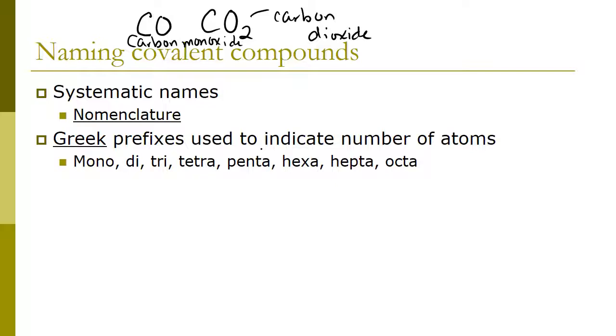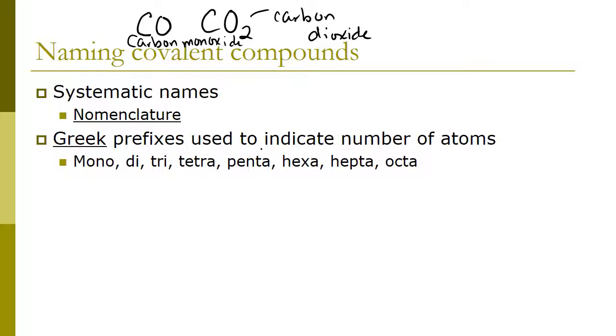So back up to our two examples. We had one carbon in each of those compounds. Now, one technically is mono, but if that one is on the first element, a lot of times we leave it off. So we're just going to say carbon. If it would have been 2 or 3, we would have had to say the prefix.